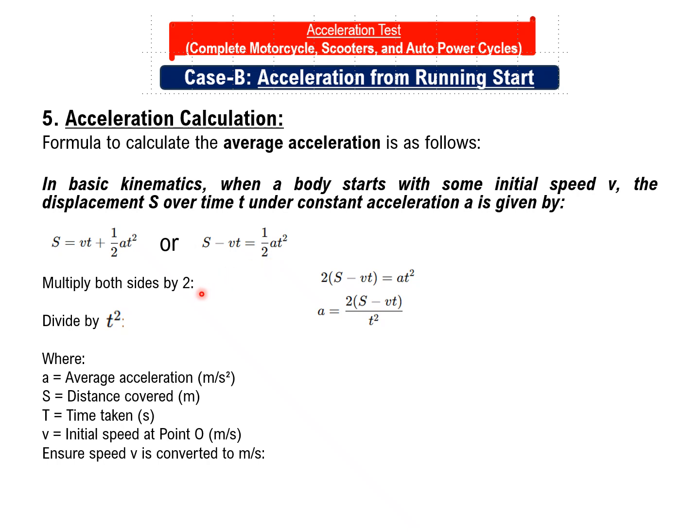If we multiply left and right side by 2, then we get 2(s − vt) = at square. Now divide both the sides by t square, we get a = 2(s − vt) divided by t square, where a is average acceleration in meter per second square, s is distance covered in meter, t is time taken in second, and v is the initial speed at the point of origin, that is point O.